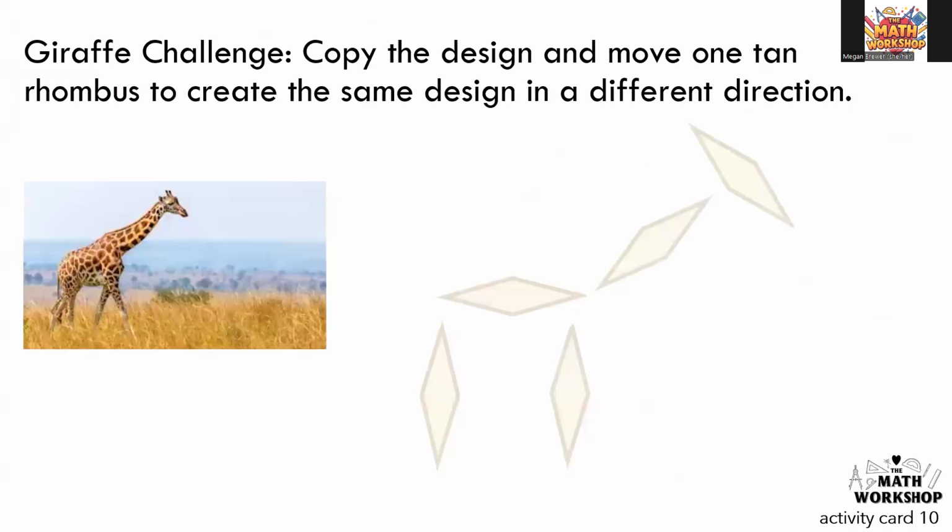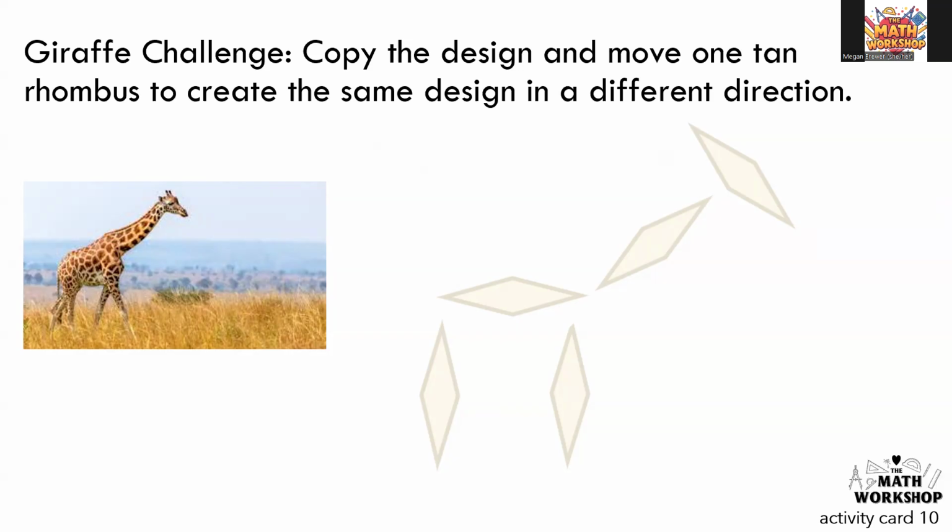We love this one. This one's really different. So we just imagine that is a giraffe. You see his parallel legs. You see his body, his neck, and his head. And so they could just put the tan rhombuses on top of the design.